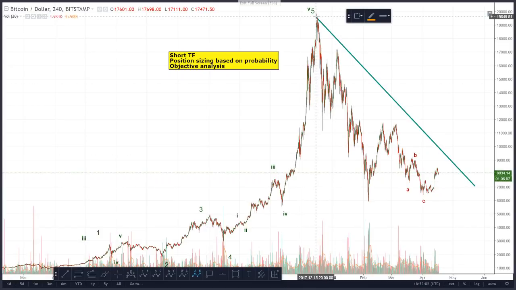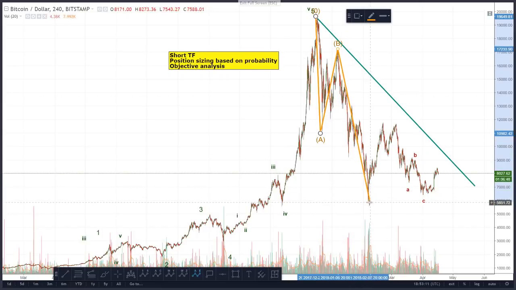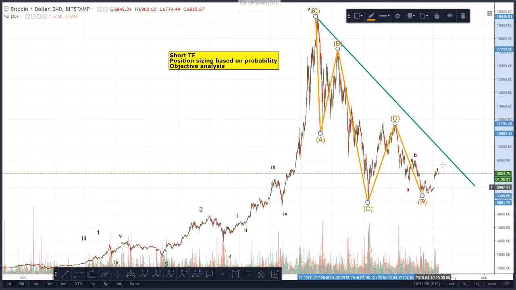I did discuss it in some depth in my last video, but essentially you get an A, B, and then the C wave is actually the longest wave, which is very unusual for a triangle. Typically we get contracting triangles where each wave is getting shorter. In this case, the C wave all of a sudden becomes longer, and then you get a wave D, and then you get an E, and then price breaks out.